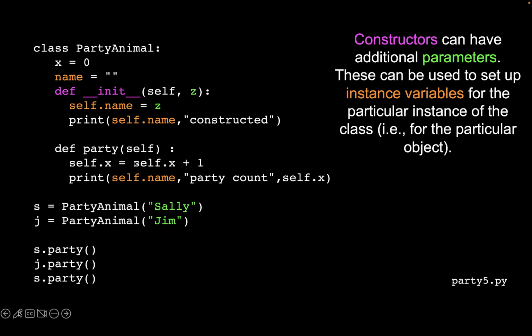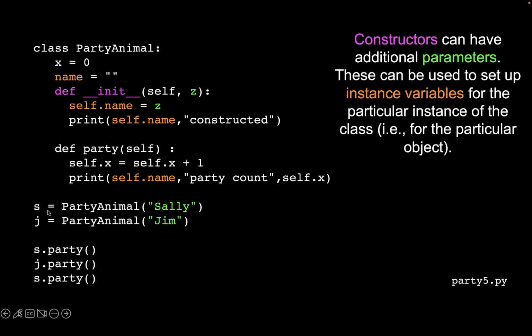Okay? And now we've changed party to make it a little more user friendly. We've included the name in the print where we say what the party count is. Okay. And again, we've got the client code in this same file, not because this is typical practice, but because this is a learning example.